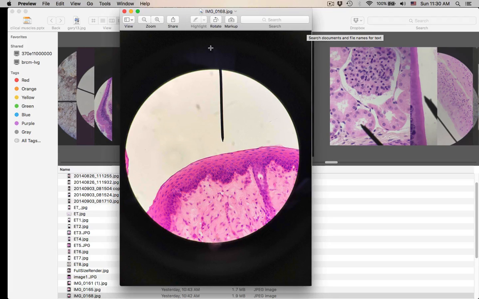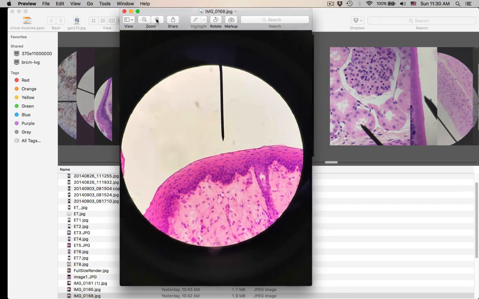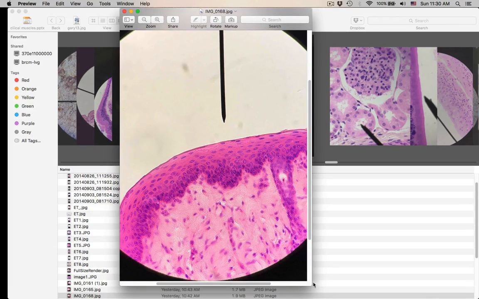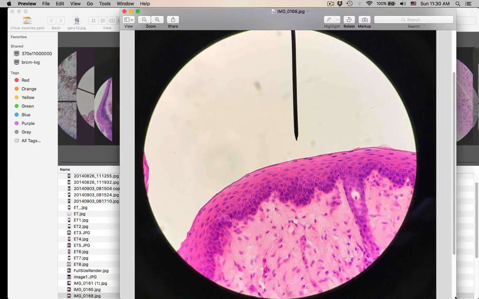Here is number 21. Pointer in the lumen. What epithelial tissue is facing the lumen? That was number 21.